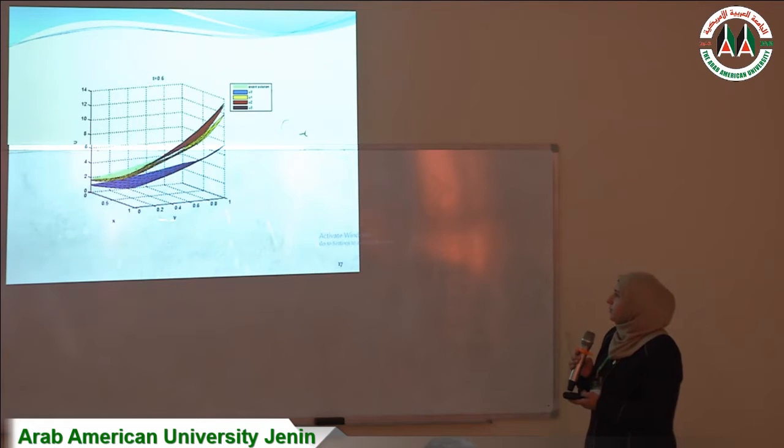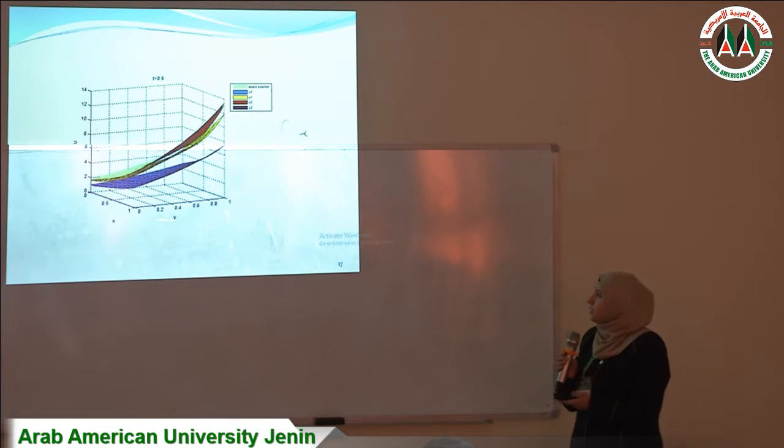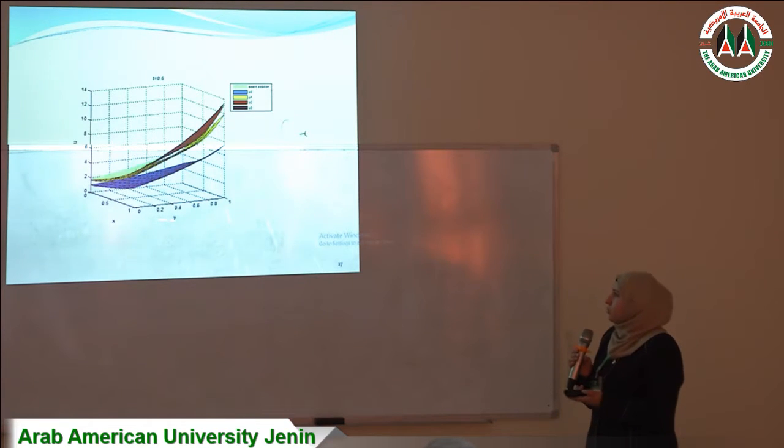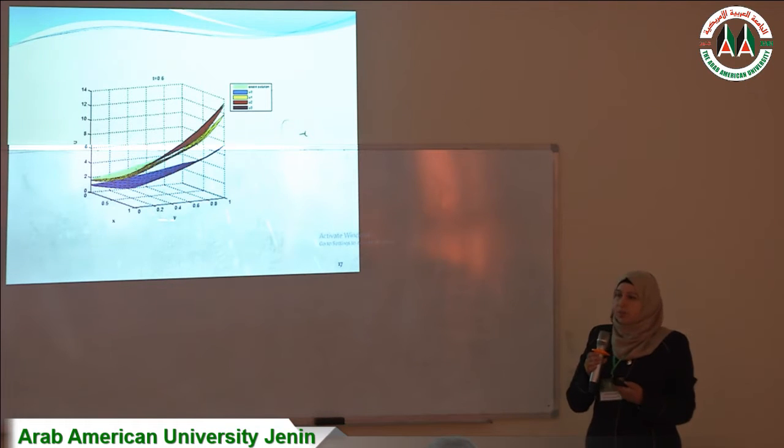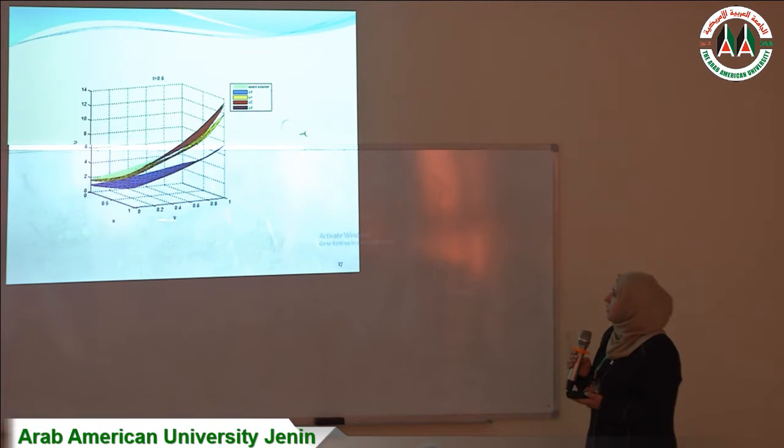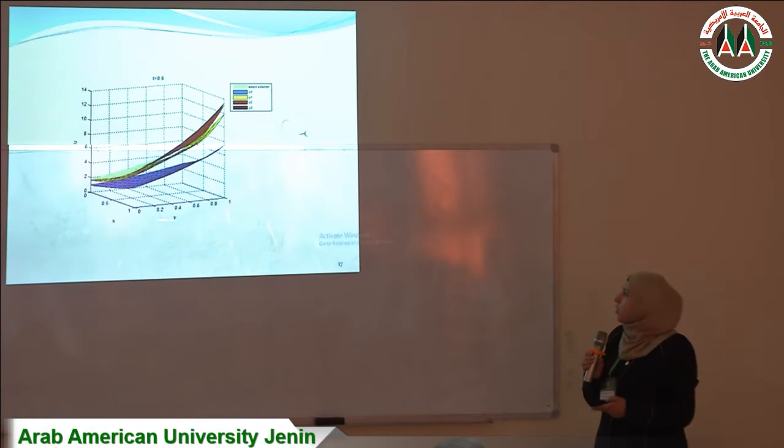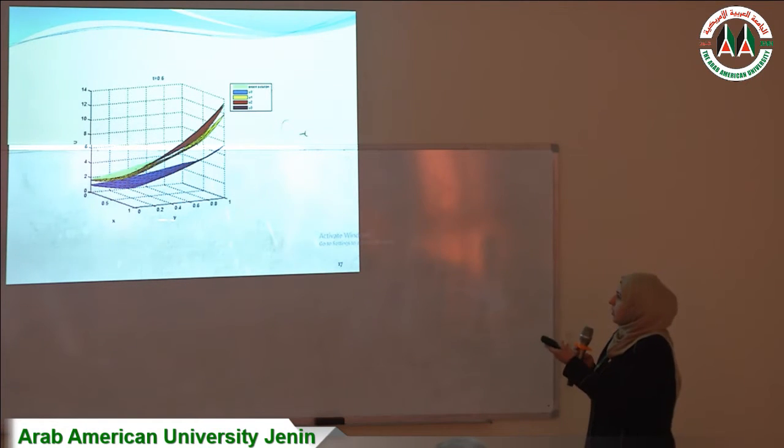Also, we make a numerical analysis to make sure that this method is effective. This is the solution at t equal 0.6, where the green is the exact solution and the other is the approximate solution, where the approximate solution converges to the exact solution.